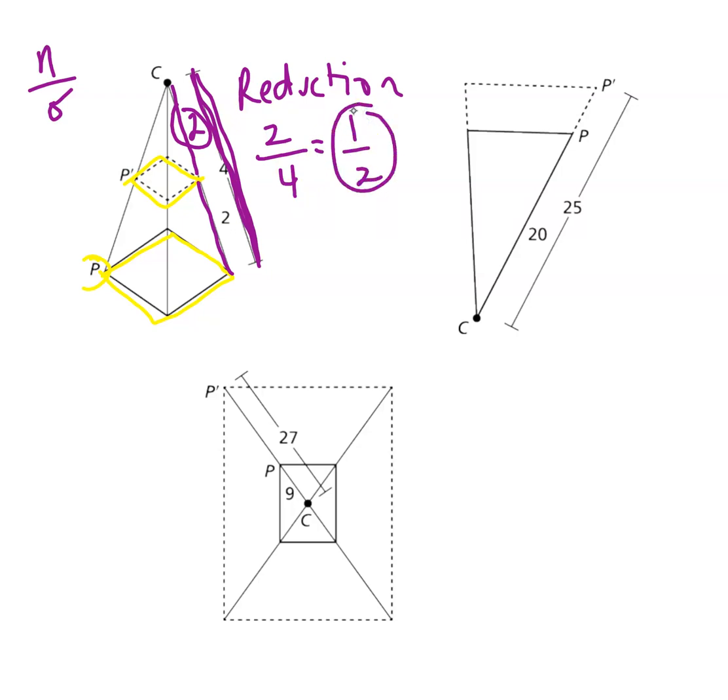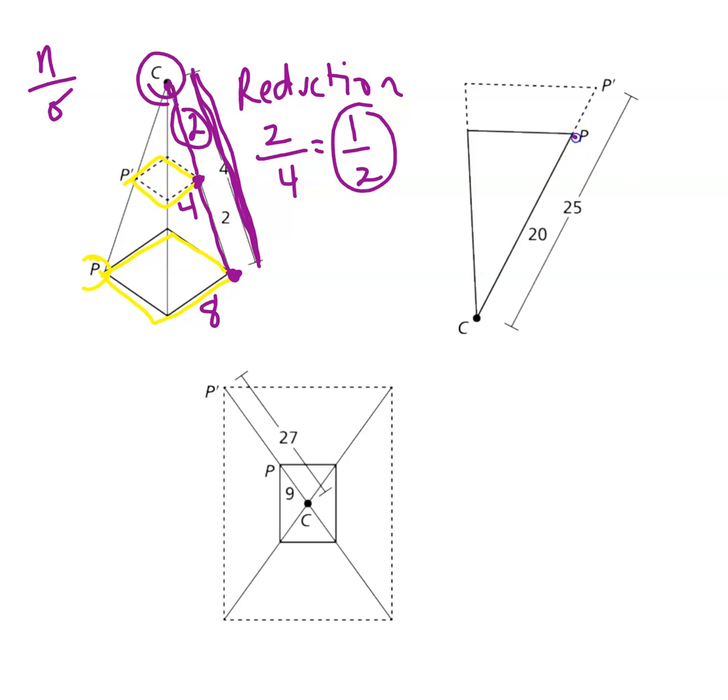You'll notice on this one, we use the distance to the center of dilation instead of the lengths of the sides. You can find the scale factor either way, either by using the lengths, like say this was 8 and this was 4, we could use those numbers to get 1/2, or we can use the distance that corresponding points are to that center of dilation.